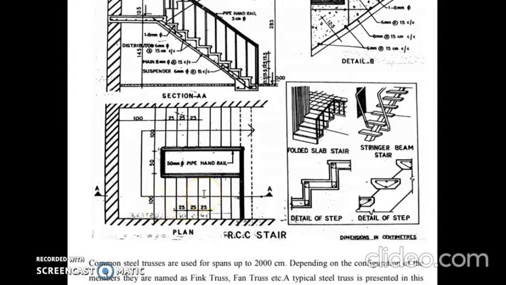And you can take the scale of 1:25 so that the whole figure should be properly placed in your chart paper. Otherwise, you can use the larger size of the whole chart for the drawing or the half chart paper. If you use half chart paper, take the scale as 1:25.